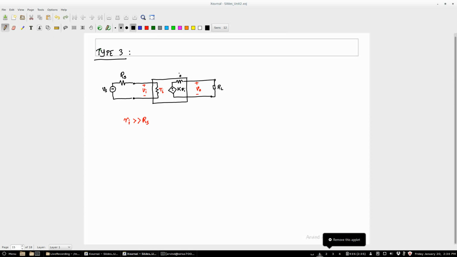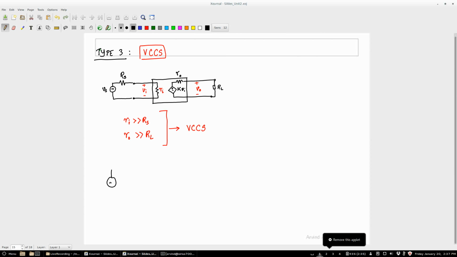And let us say that we are in the situation where Ri is much greater than Rs. However, your Ro, that was small r, is much greater than RL.